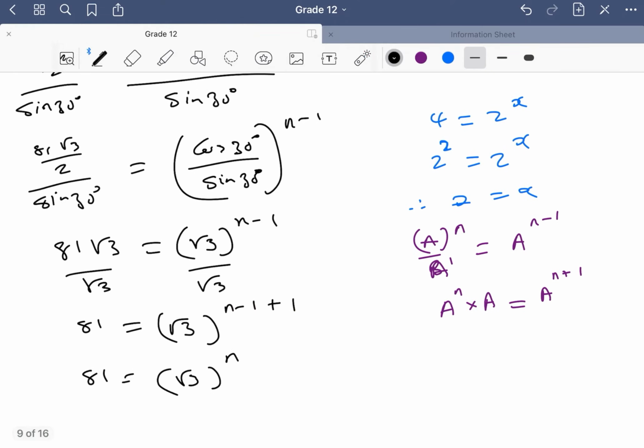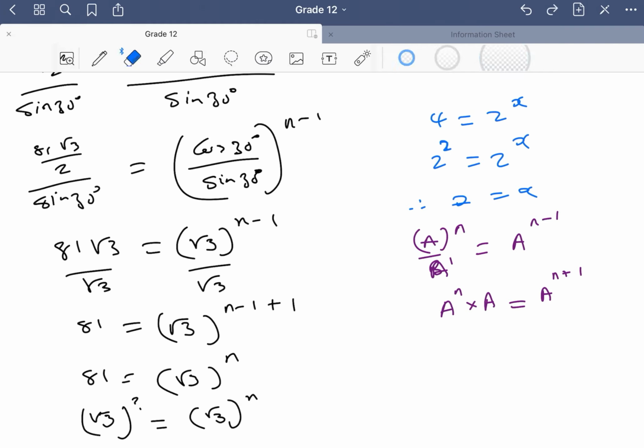Okay, and then again, we can do what you just learned about exponents. We're looking for a base square root of 3 power something, and that square root of 3 power something should be equal to 81. That's what we're looking for.